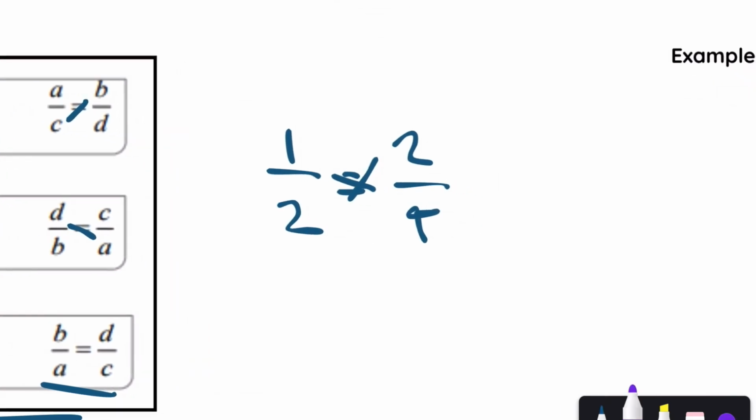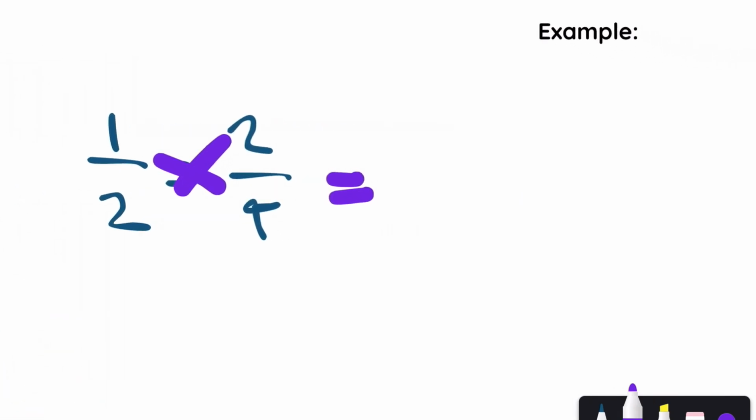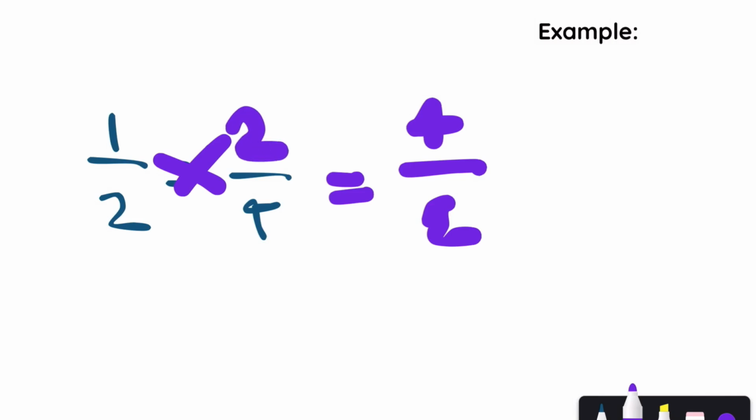So 1 is replaced with 4 and 2 is replaced with 2, which is basically the same, but to do the example, let's just do it this way. 4 divided by 2, imagine that this 2 is this 2 and that 2 is that 2, okay?